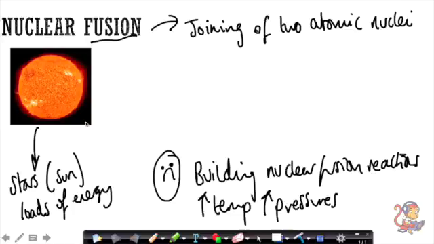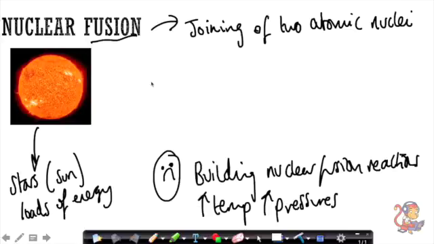And one of the important things is that we're spending too much energy and too much electricity to heat the equipment up to these high temperatures, and we're not getting the energy back that is released. But maybe in the future, this kind of nuclear fusion will be something we can use to generate electricity.